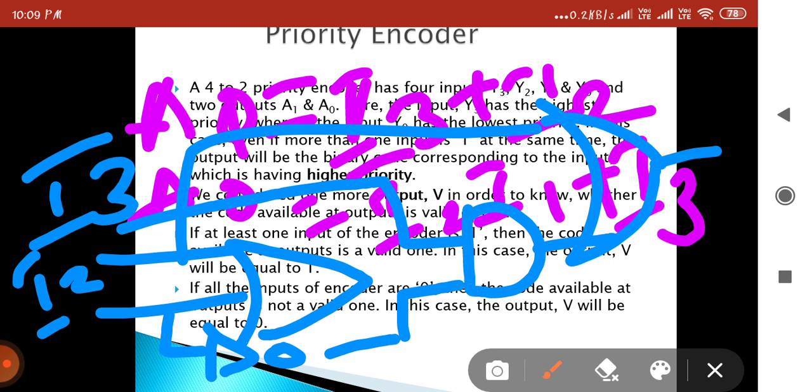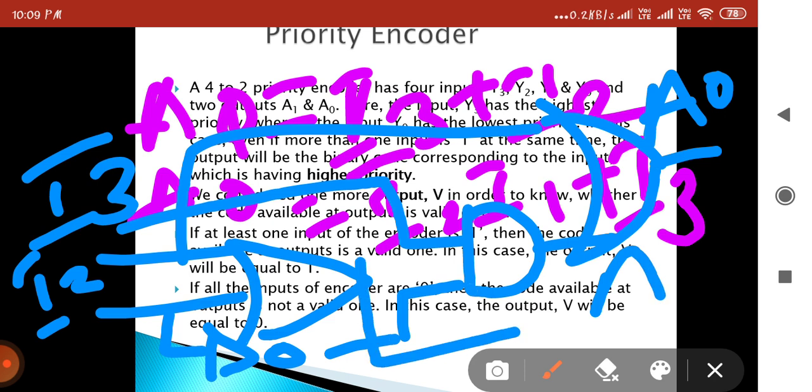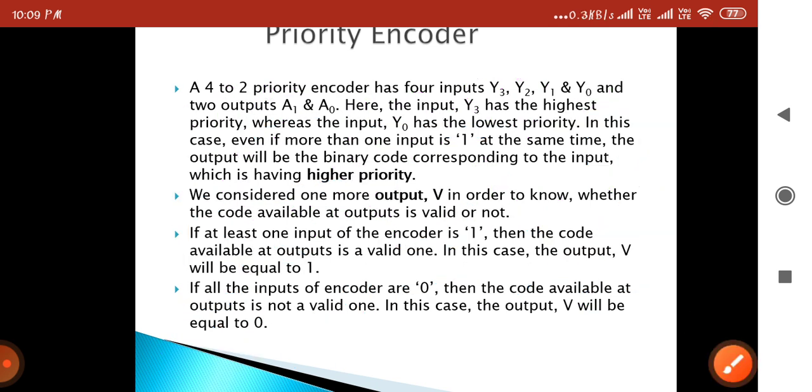This is the way to write it: this is A0 and this one is A1. This is the way to draw the circuit diagram of the 4:2 encoder.